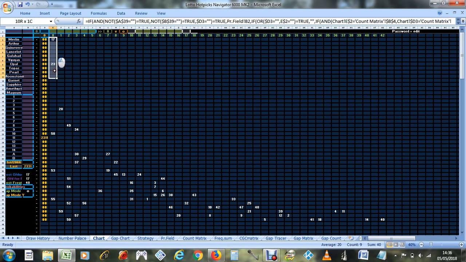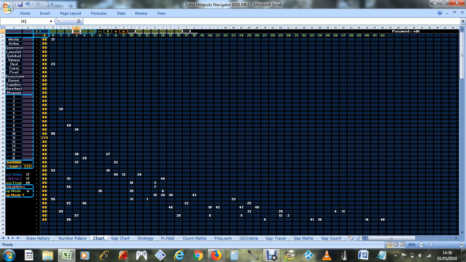So these numbers stay in roughly the same place, but you notice the ones at the bottom can jump from one side to the other, from draw to draw, and that's because of the sort of randomness of the arrangement of the gaps on the gap chart.